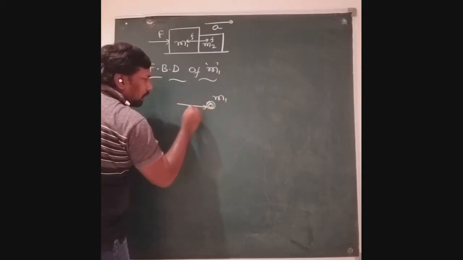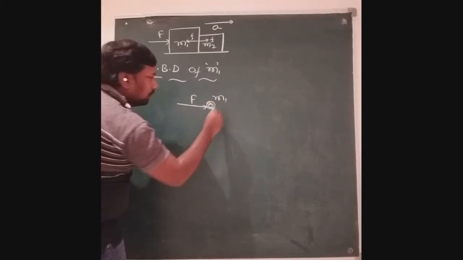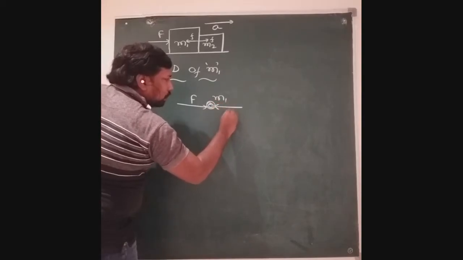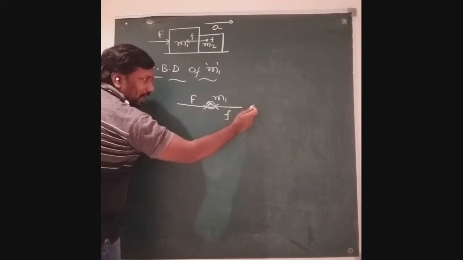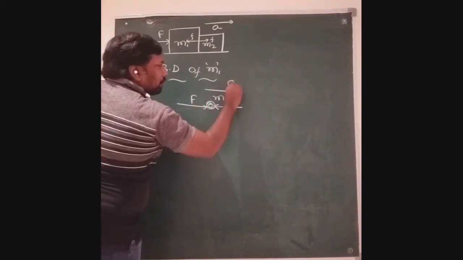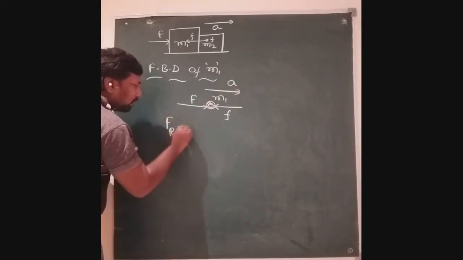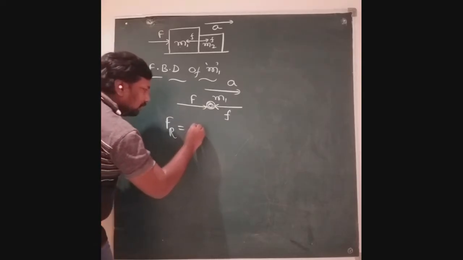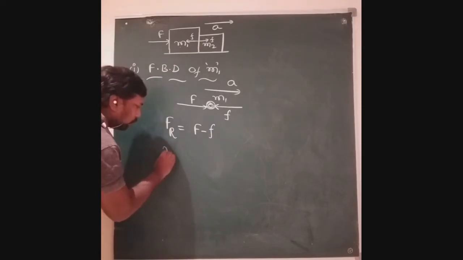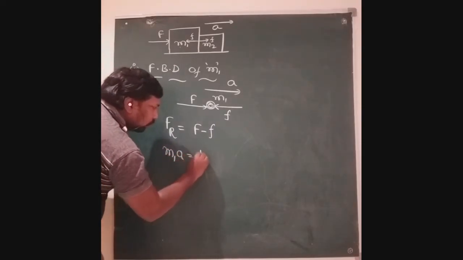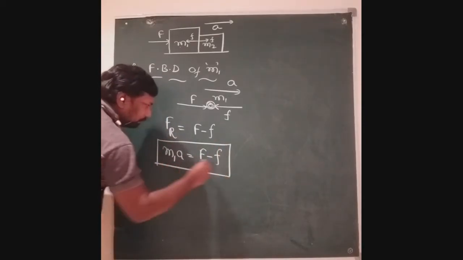Here the applied force acts on the m1 block left to right, but the contact force between the m1 and m2 block has direction right to left, while the acceleration of the system is left to right. Therefore the resultant force acting on the m1 block is F minus small f. According to Newton's second law, F equals ma, so m1a equals F minus small f. So this is equation number 1.